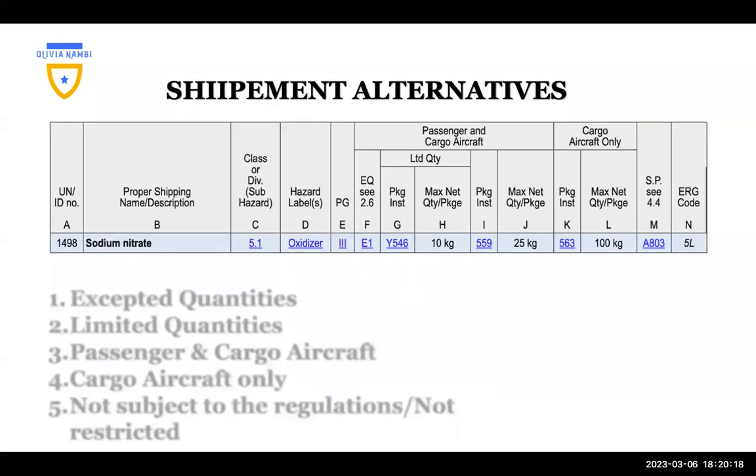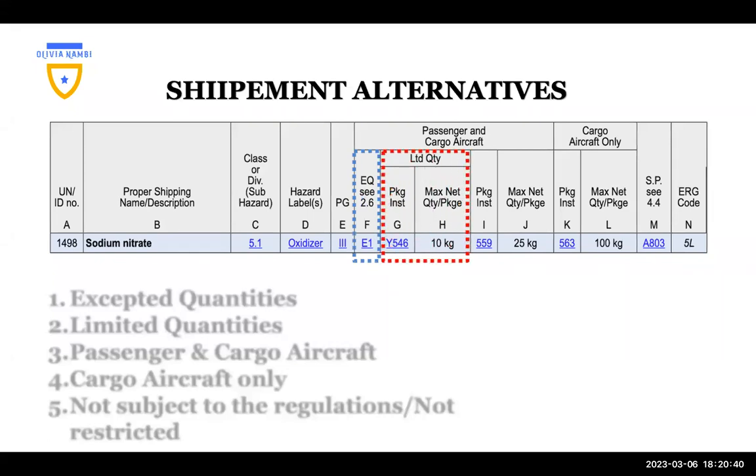All right, so here we are with the shipment alternatives. The first alternative is shipping as accepted quantities. These are dangerous goods in small quantities, shipped with less stringent regulations. In other words, the requirements are relaxed.